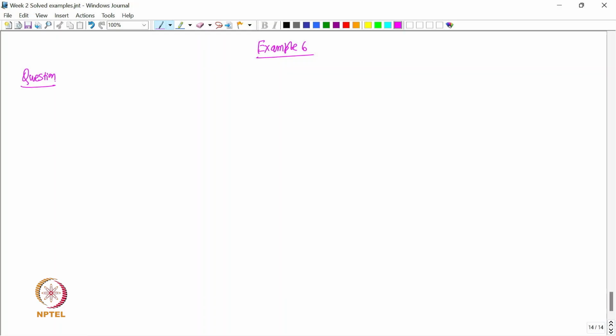Let me write the question first. The modal model of an undamped 2 degree of freedom system is given below.